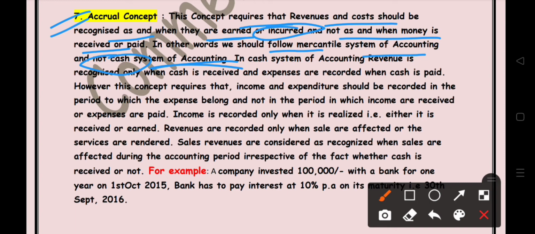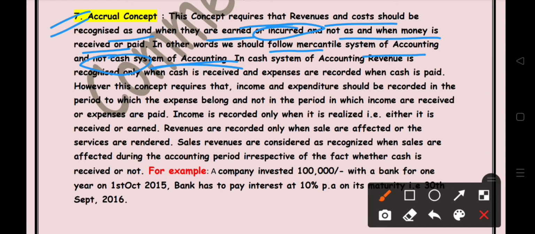As per this concept, we will record the credit transactions where we are expecting an inflow of cash in the business. So we will not treat this concept as a cash concept.